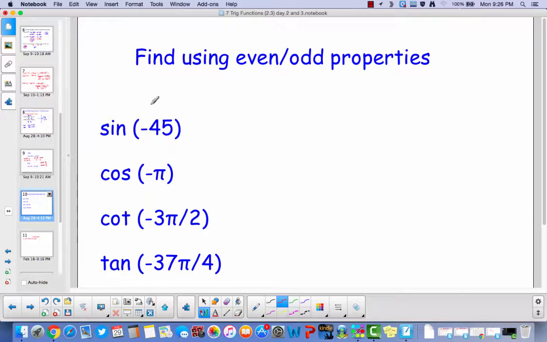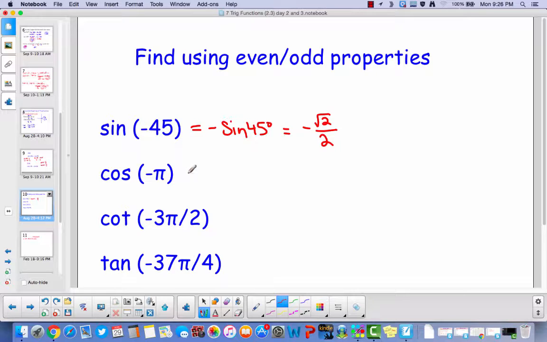Sine of negative 45 degrees. Remember, that's odd. So that's equal to the opposite of the sine of 45 degrees. But I should know what the sine of 45 degrees is. That is the square root of 2 over 2. So the sine of negative 45 degrees is equal to the negative square root of 2 over 2.